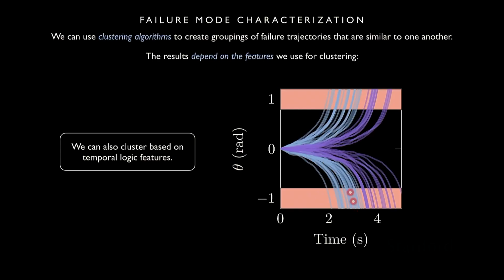And you can actually do your clustering in that particular parameter space. And so then your clusters will correspond to different temporal logic formulas. And that would help you understand, okay, these failures, for example, are failures that fell over before time whatever, and these failures are failures that fell over after time whatever. And so you can get more interesting, more interpretable clusters by automatically doing it in the temporal logic parameter space.